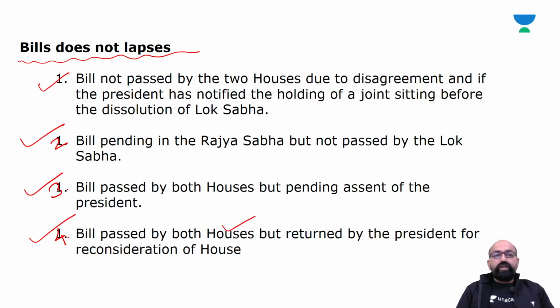After that we have covered bills that do not lapse, like a bill not passed by the two houses due to disagreement, if the President has notified the holding of a joint sitting before the dissolution of Lok Sabha, a bill pending in the Rajya Sabha but not passed by the Lok Sabha, a bill passed by both houses but pending assent of the President, and a bill passed by both houses but returned by the President for reconsideration of the house.